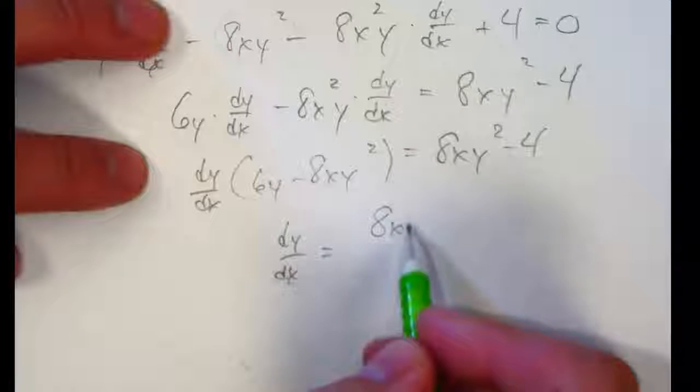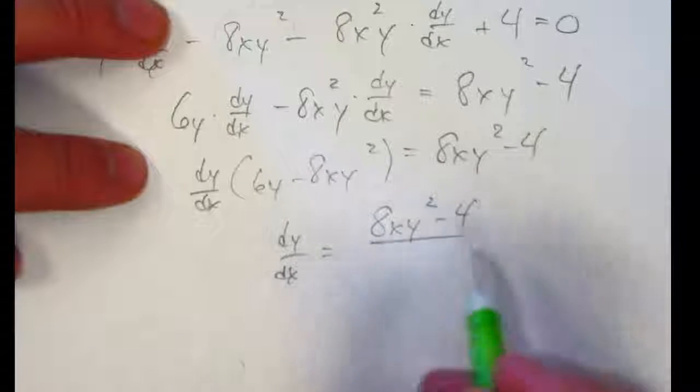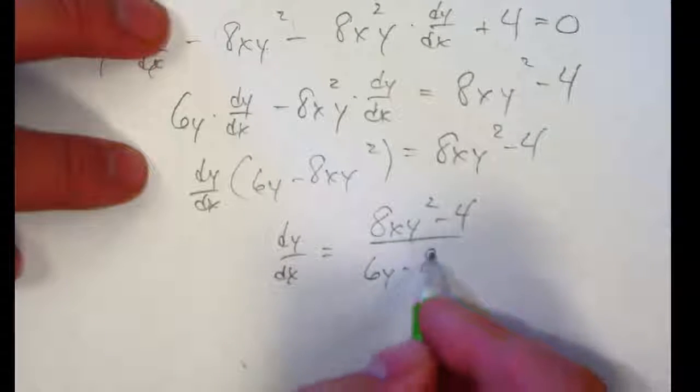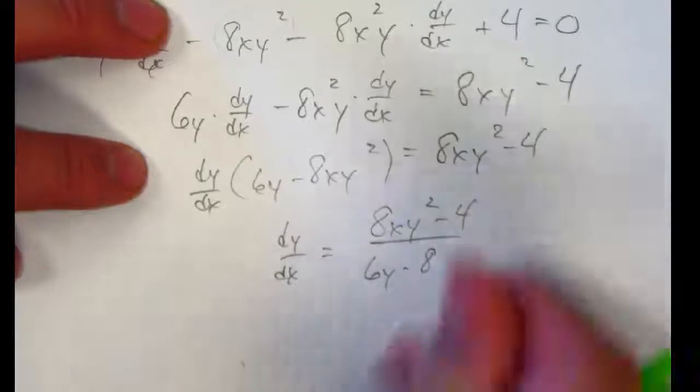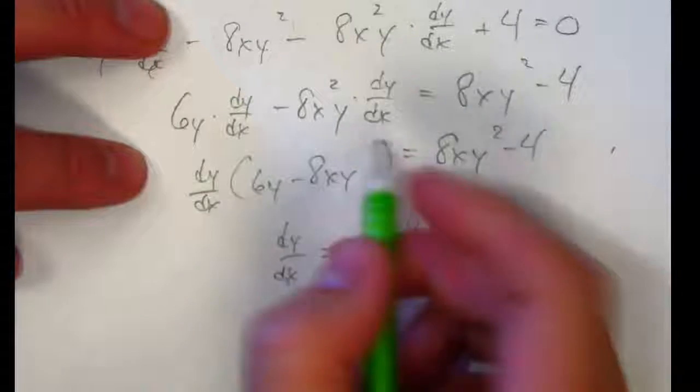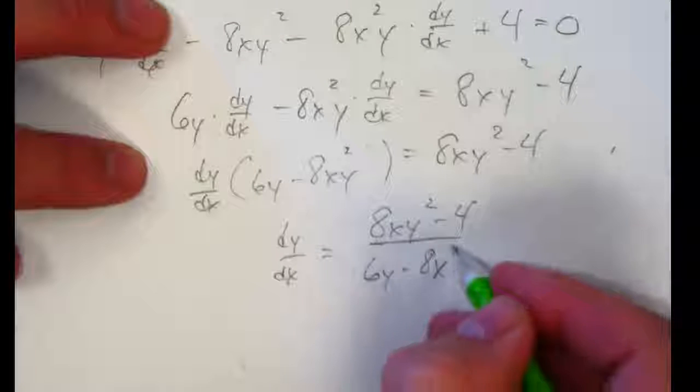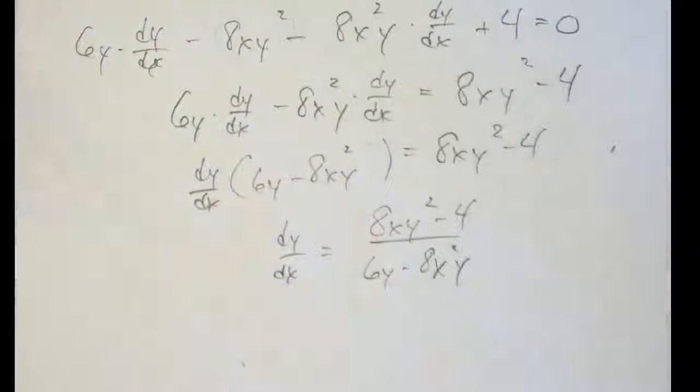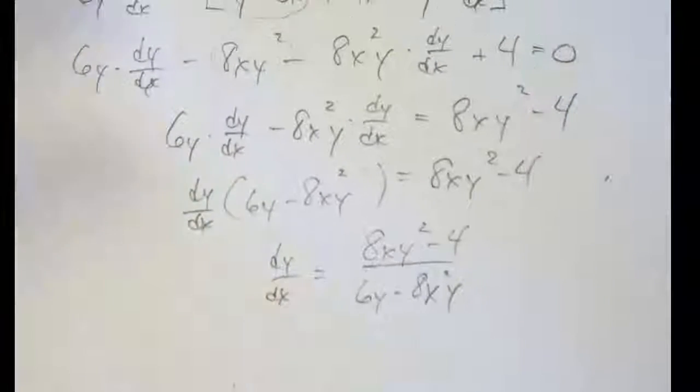And this would be like 8xy squared minus 4 over 6y minus, wait, this one is x squared y, sorry. And that'd be your answer. And you could cut all those in half. You can't take an x or y out of everything, that won't work, but you could cut them all in half and that'd be fine.